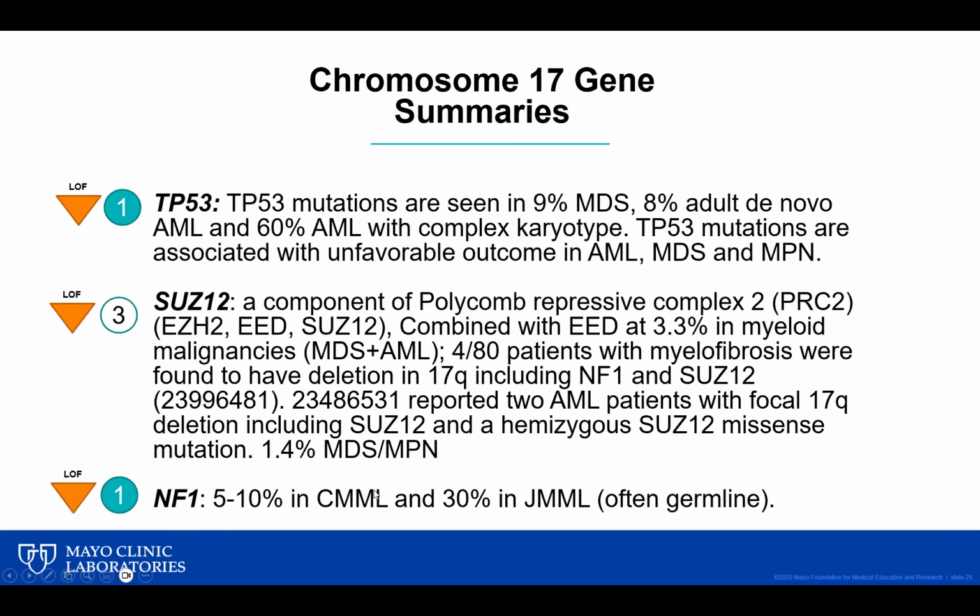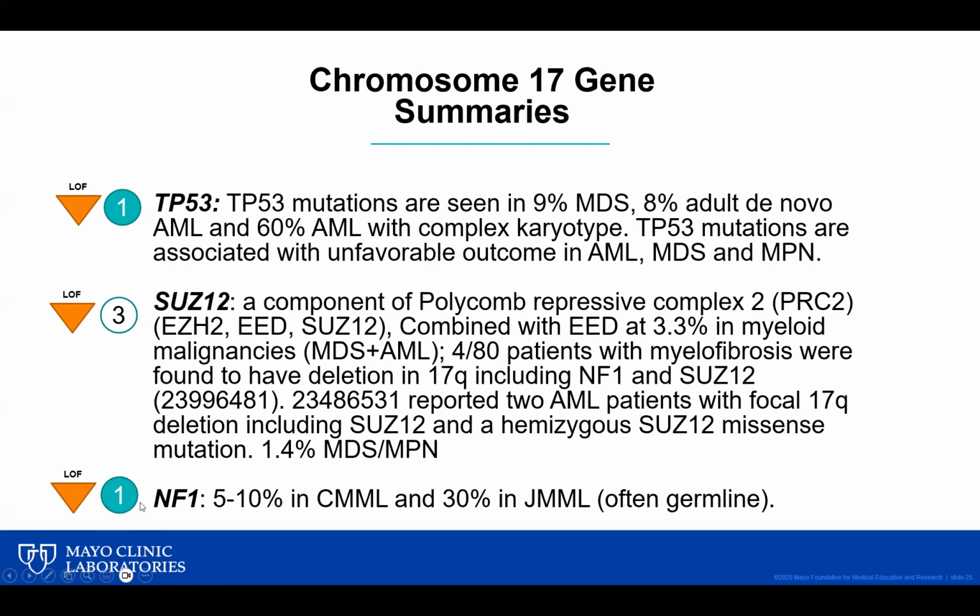And so when we look at our gene summaries, TP53 is seen in complex karyotype AML, and it's associated with an unfavorable outcome. SUZ12 is also a common tumor suppressor and commonly co-deleted with NF1, and has been reported consistently in AML.